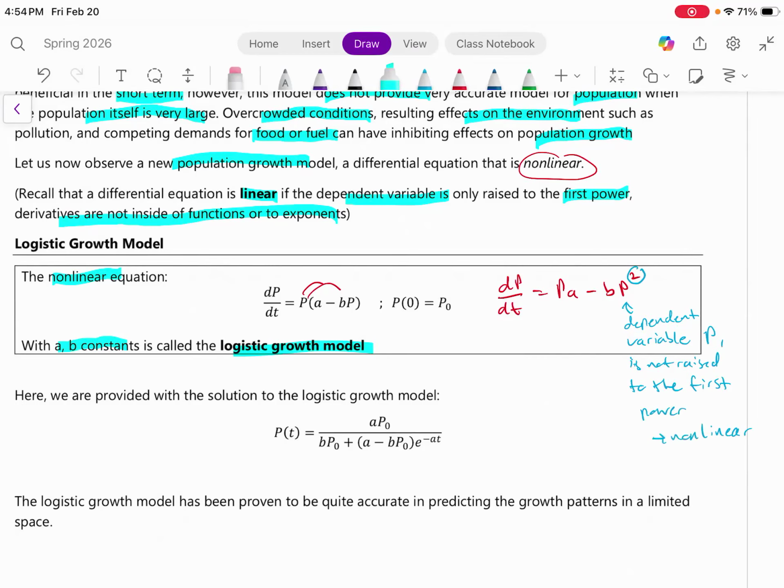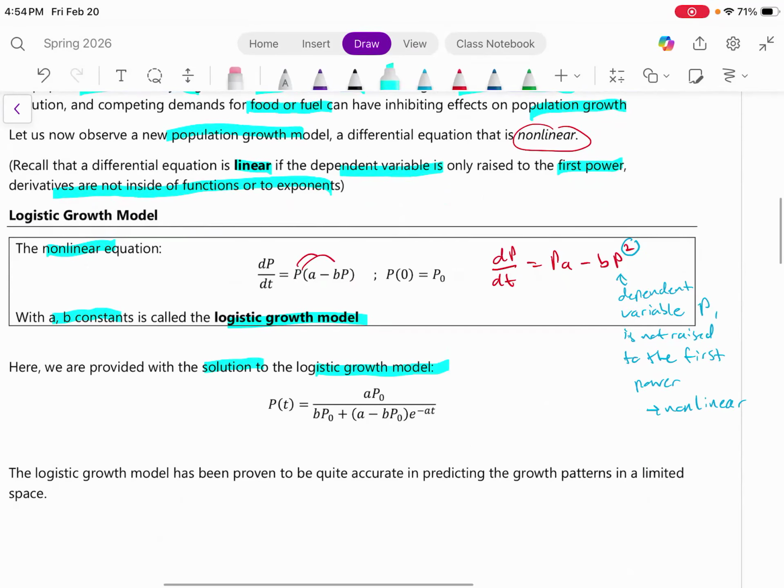So down below is a solution to the logistic growth model. Right here, P(t) = aP0 / (bP0 + (a - bP0)e^(-at)).